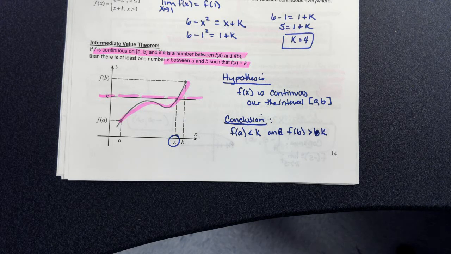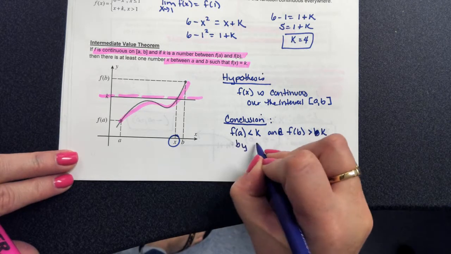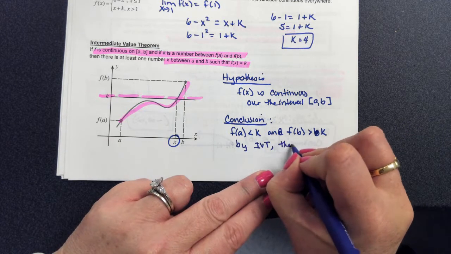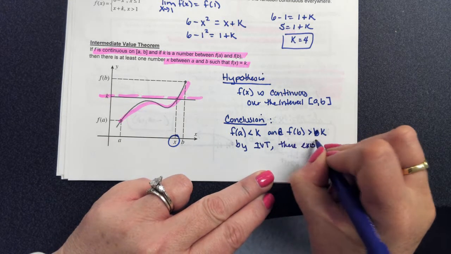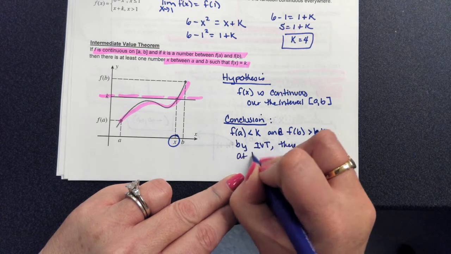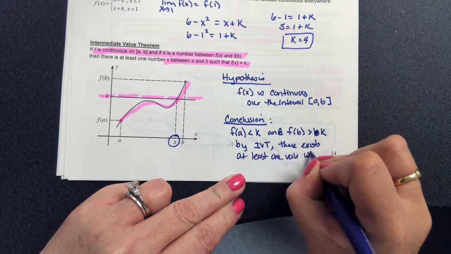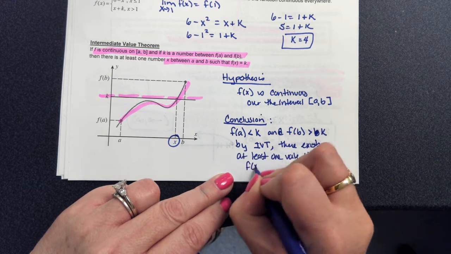So as long as those conditions are met, then you can state by the IVT, and it's okay to abbreviate, there exists at least one value where f of x is equal to k.